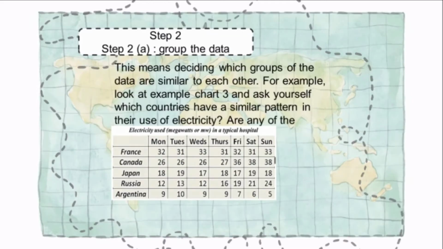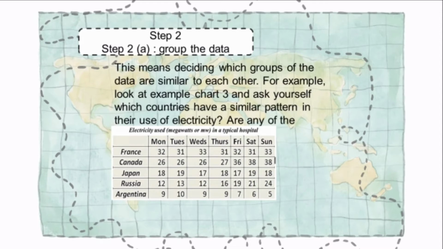This means deciding which groups of the data are similar to each other. For example, look at example chart 3 again and ask yourself which countries have a similar pattern in their use of electricity. Are any of the countries very different? The answer is that we can group France and Japan together because their pattern is similar.